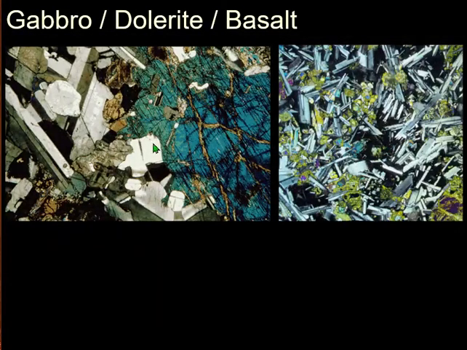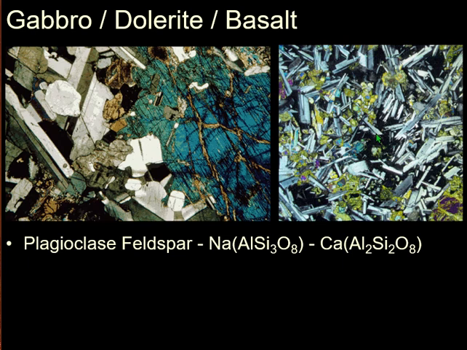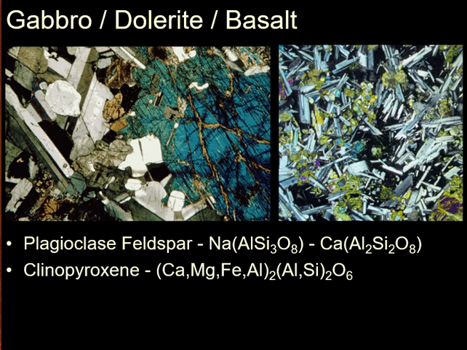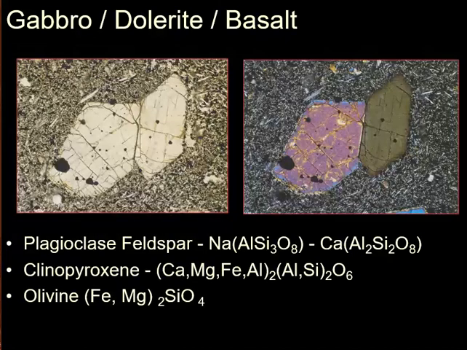And go back to these and remember an intrusive rock like this, which you will get a lot of, gabbro, and the basalt here will have plagioclase, lots of plagioclase and clinopyroxenes, and also olivine. This is a big piece of olivine in a basalt.